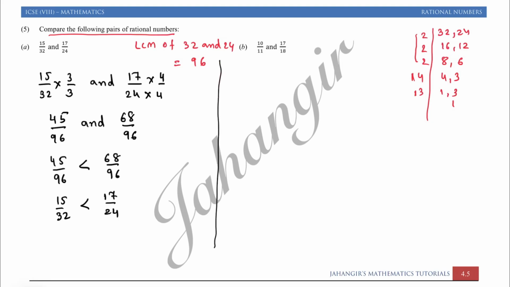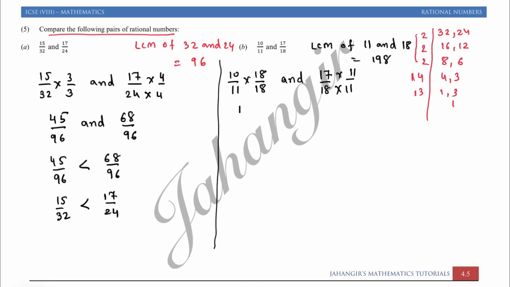Let us do the next question. First we'll take the LCM of 11 and 18, which is equal to 198. 198 is the LCM. So let us make the denominator 198. I can write 10 upon 11 multiplied by 18 into 18, and 17 upon 18 multiplied by 11 into 11.